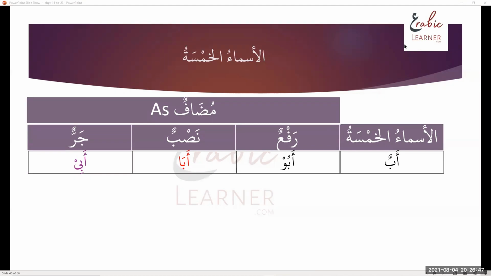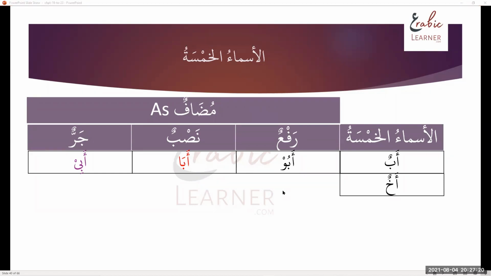So as I mentioned, these last letters interchange depending on the situation. Abu, aba, abi. Now for the brother, when it comes as a mudaf, akhun, how will it behave?